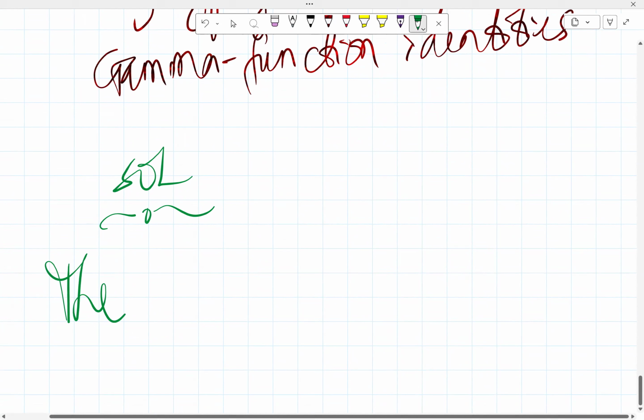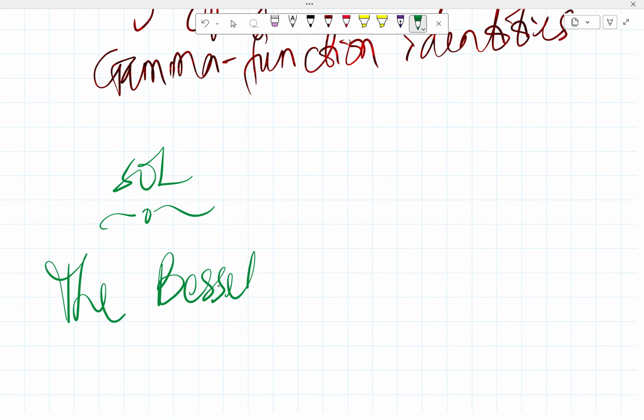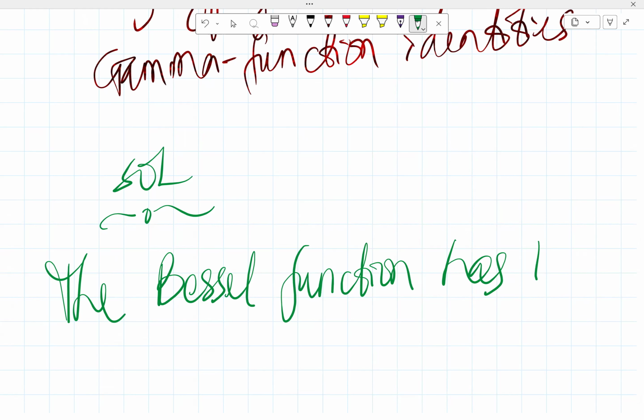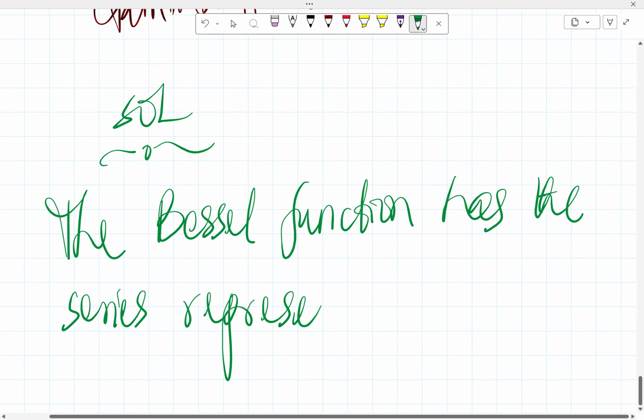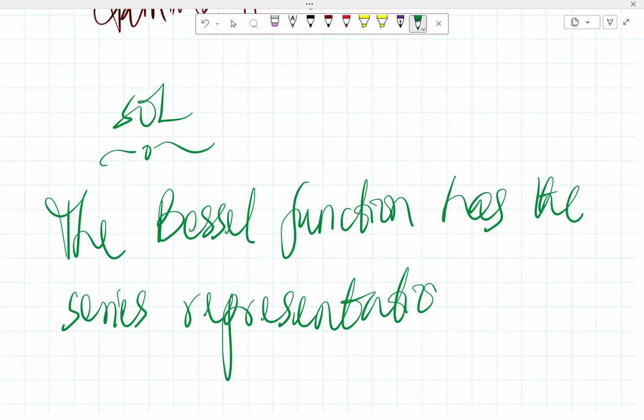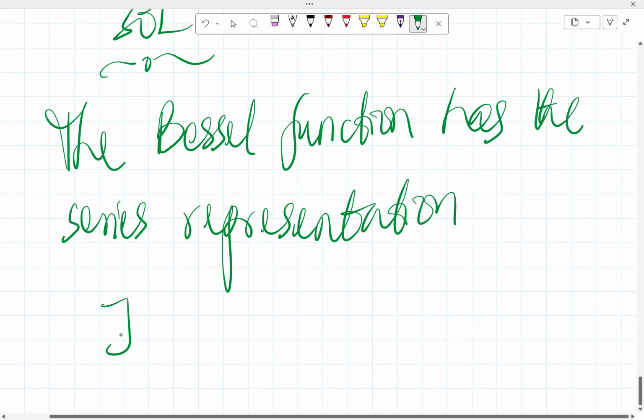So we say the Bessel function has a series representation. J nu of x equals the summation from n equals 0 to infinity.